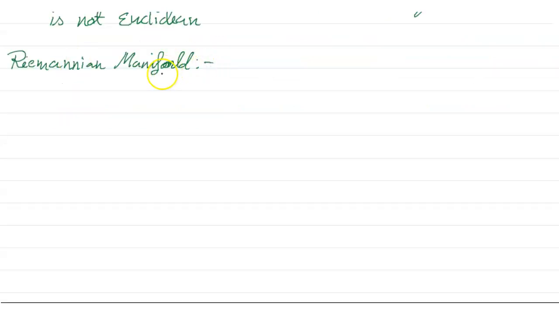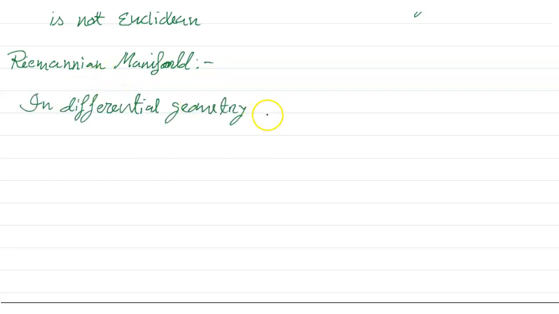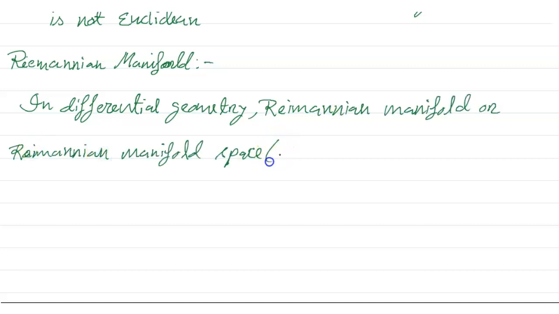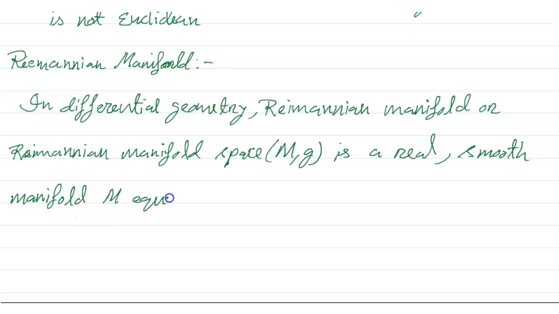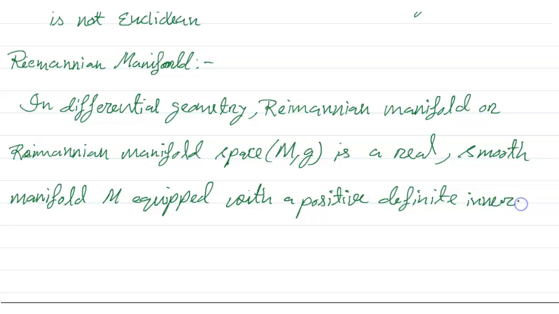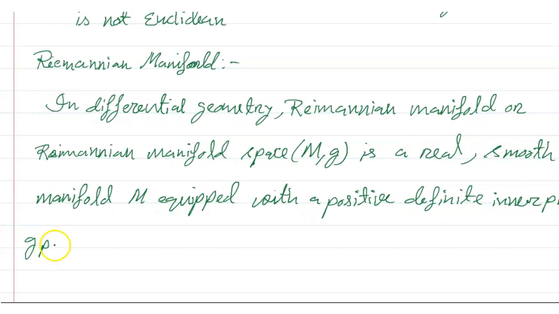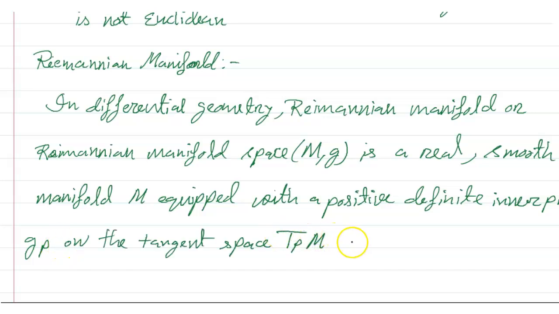Riemannian manifold space (M, g), where g is a real smooth manifold M equipped with a positive definite inner product g_p on the tangent space T_pM at each point p.